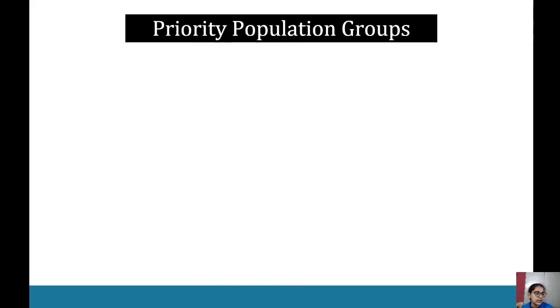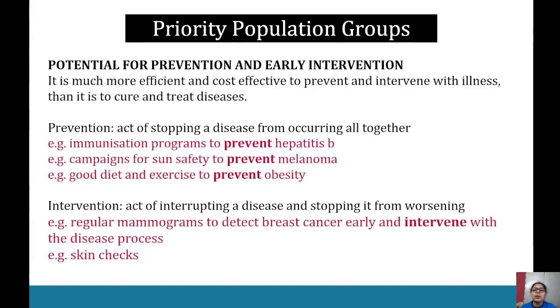Now, looking at the potential for prevention and early intervention, right? It's so much more efficient and cost effective to prevent and intervene with illnesses rather than to cure and treat those diseases. Now, remember, prevention is the act of stopping the disease from occurring altogether.